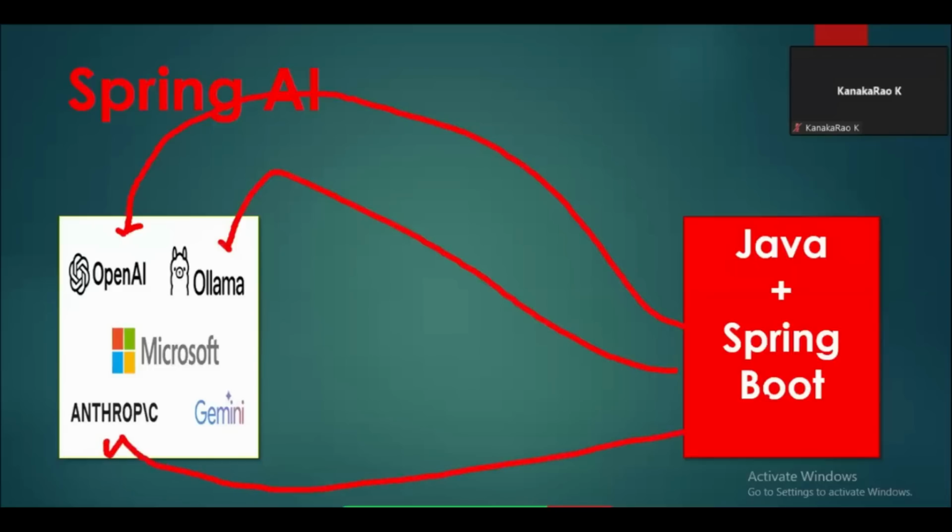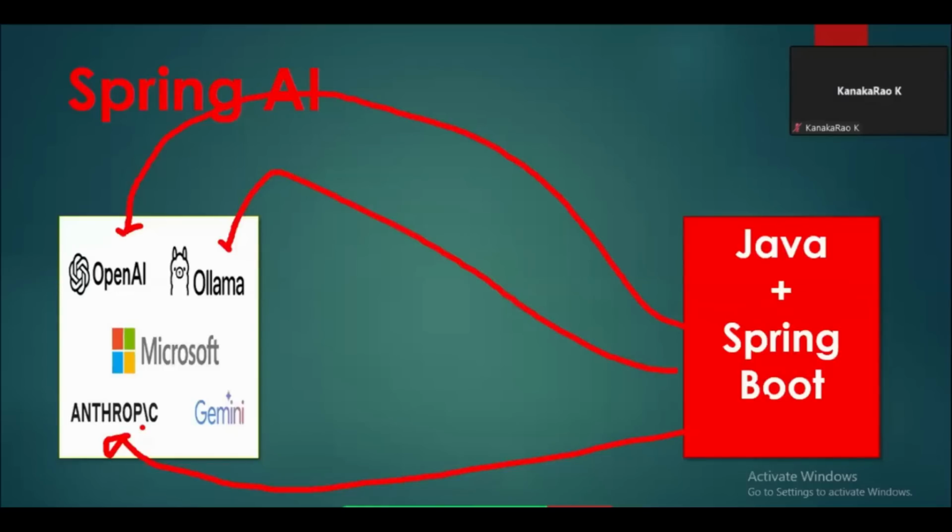This API you are going to call. But calling the API directly is not a good idea. Then in your mind, what will I do? I will use the SDK or library provided by that provider. For example, OpenAI has provided some library.